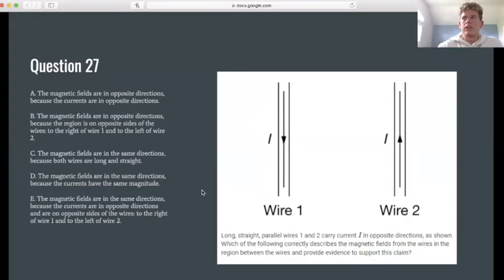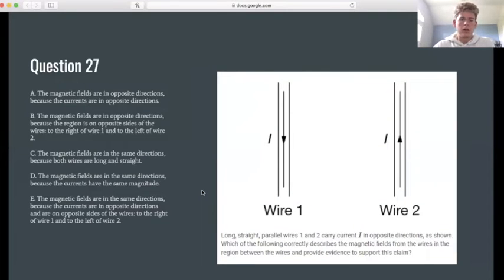And then for question 27, we're thinking about magnetic fields from current carrying wires. So it's just using your right-hand rule for the current and imagining the field going around and what direction it's going.